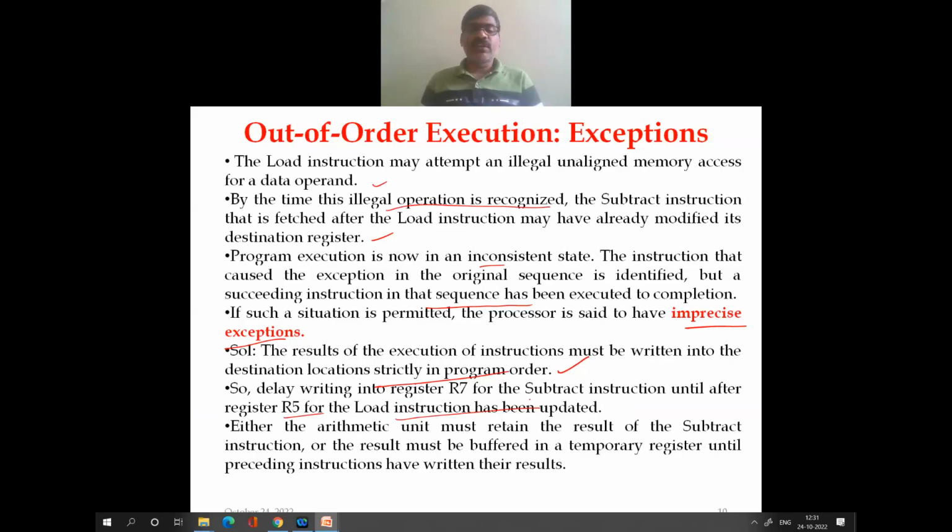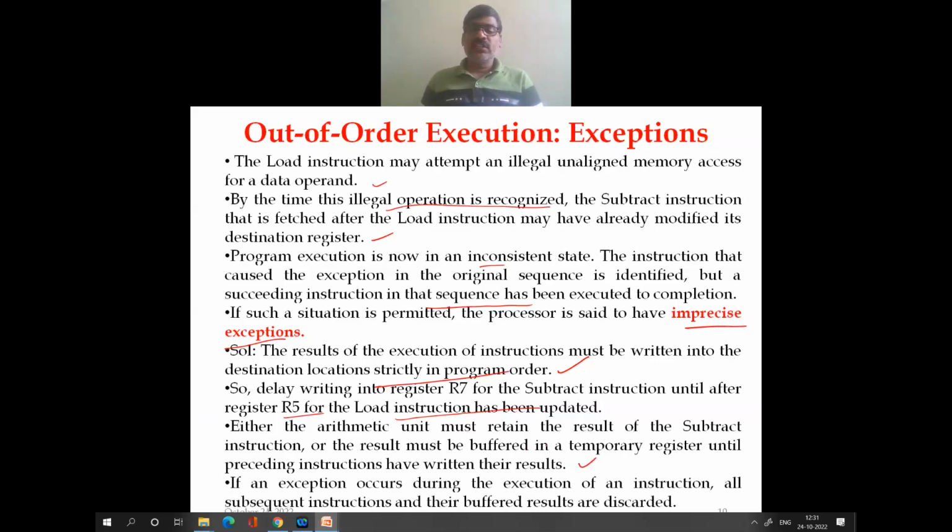Either the arithmetic unit must retain the result of the subtraction instruction, or the result must be buffered in a temporary register until the preceding instructions have written their results. If an exception occurs during the execution of an instruction, any subsequent instructions and their buffered results are to be discarded.